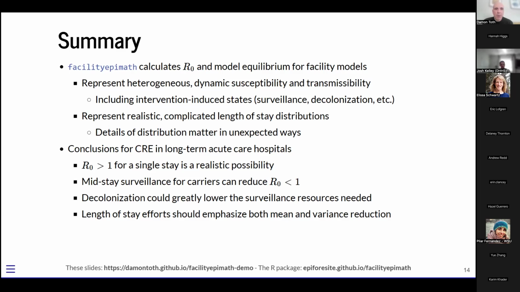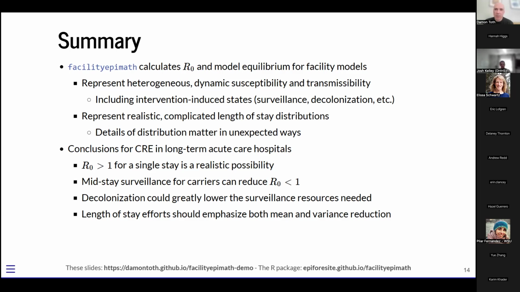So in summary, we can use the functions in facilityepimath to calculate R naught and a model equilibrium for healthcare facility models. We can pretty flexibly represent heterogeneous dynamic susceptibility and transmissibility, including intervention-induced states through surveillance, decolonization, etc. You could also use this model to represent something like antibiotic exposure.